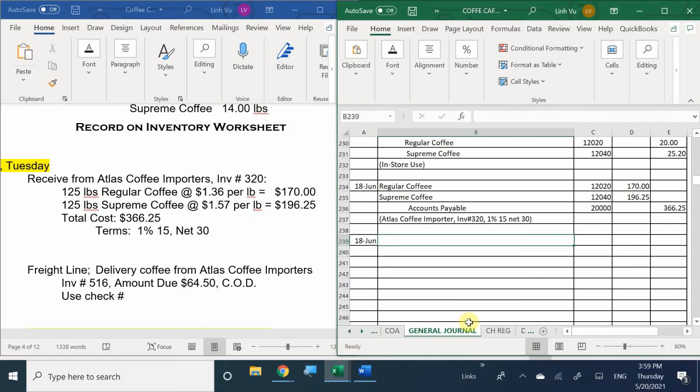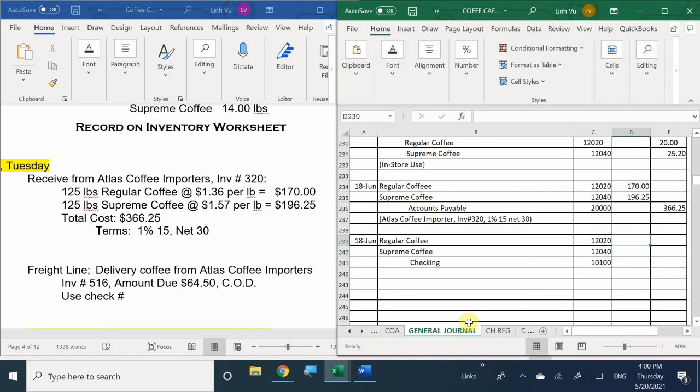We're going to do regular coffee and supreme coffee, and then the other account will be checking. Account numbers are 1220, 1240, and 10100.